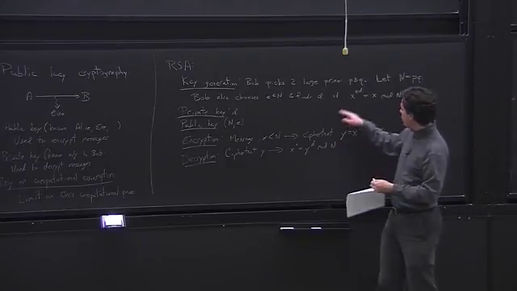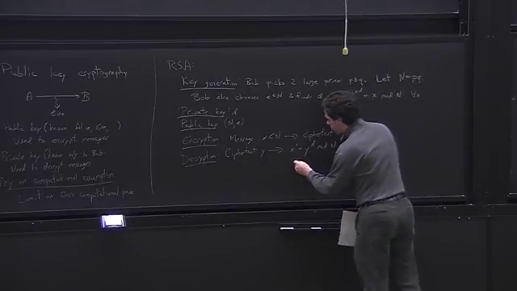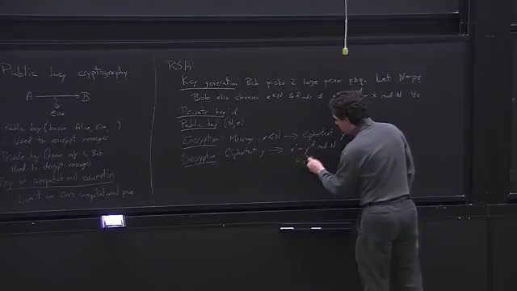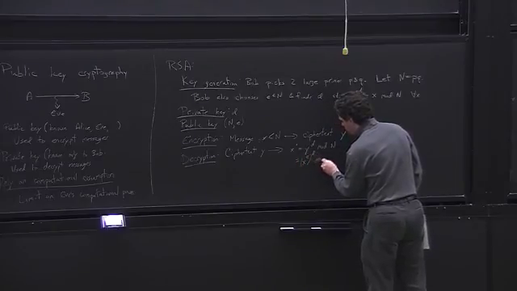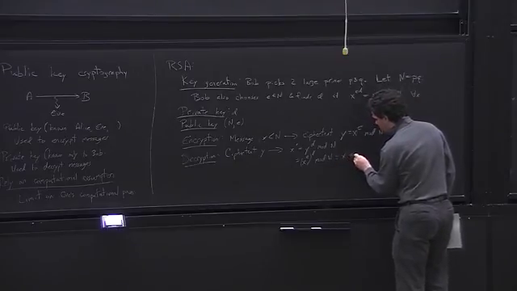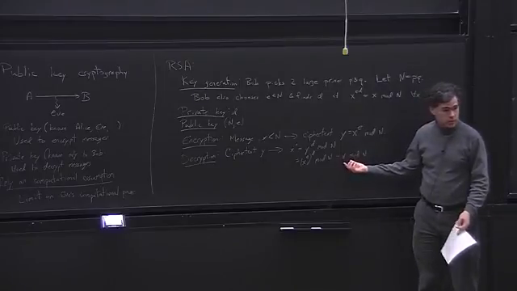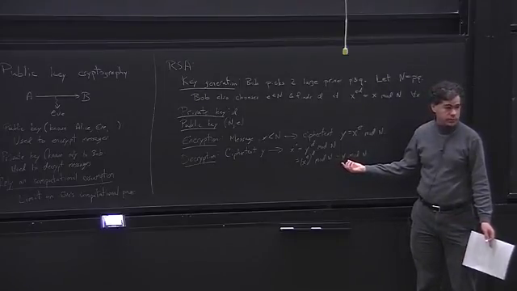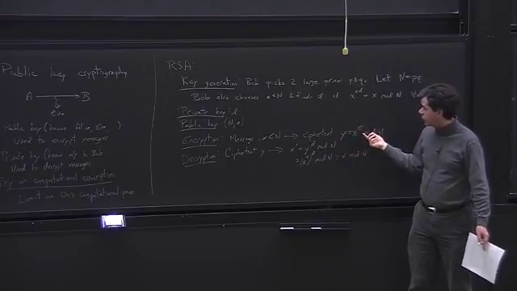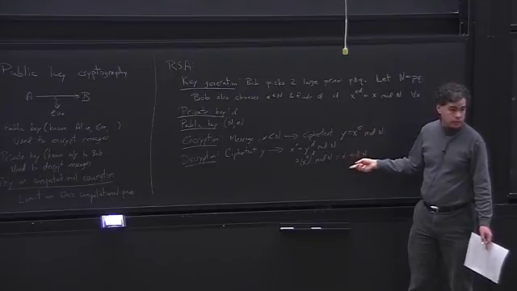And because of this property of e and d, we know that this thing x prime is equal to x to the e to the d mod n, which is x to the ed, which is equal to x mod n. So Bob gets back the original message x. On the other hand, if Eve gets a hold of the ciphertext, well, she doesn't know what d is. So she doesn't know what power to raise it to.